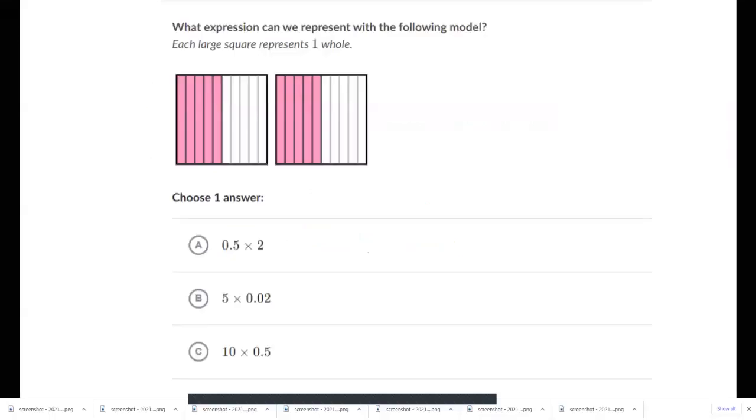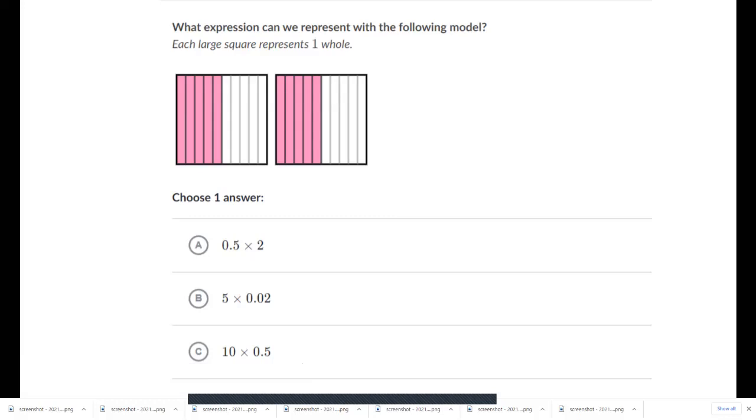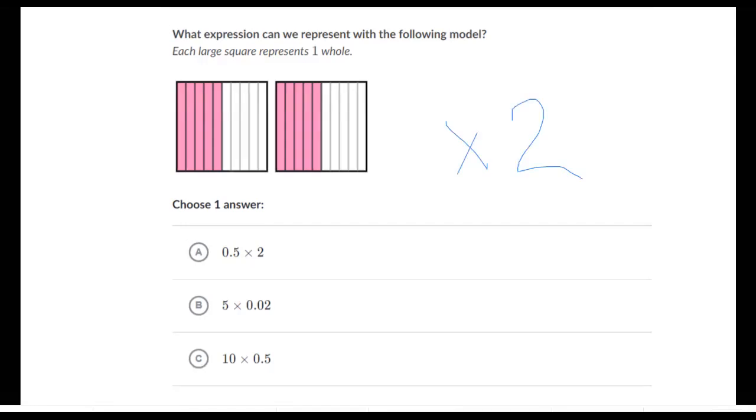On your Khan Academy today, it will also do things where it doesn't actually ask you to answer it. It just wants you to pick an expression that matches the picture. So which of these 3 matches this picture? Well, let's see here. We have 2 groups, so we know it's going to be times 2 wholes because there's 2 groups. 2 groups of how much?